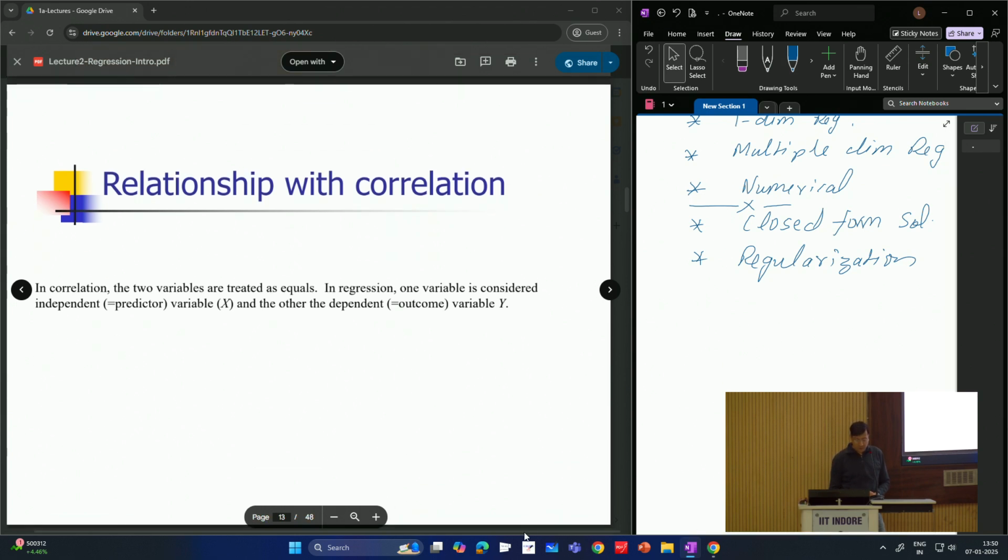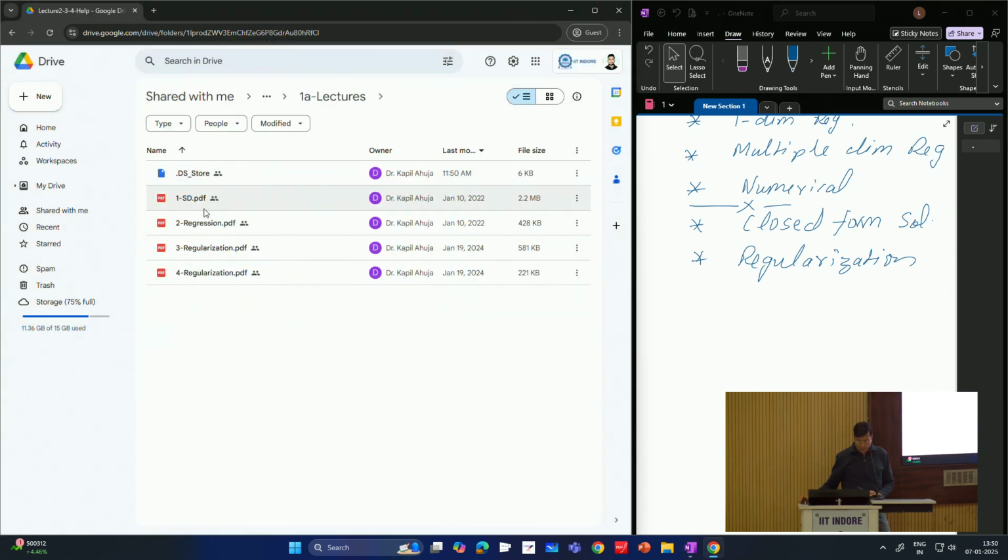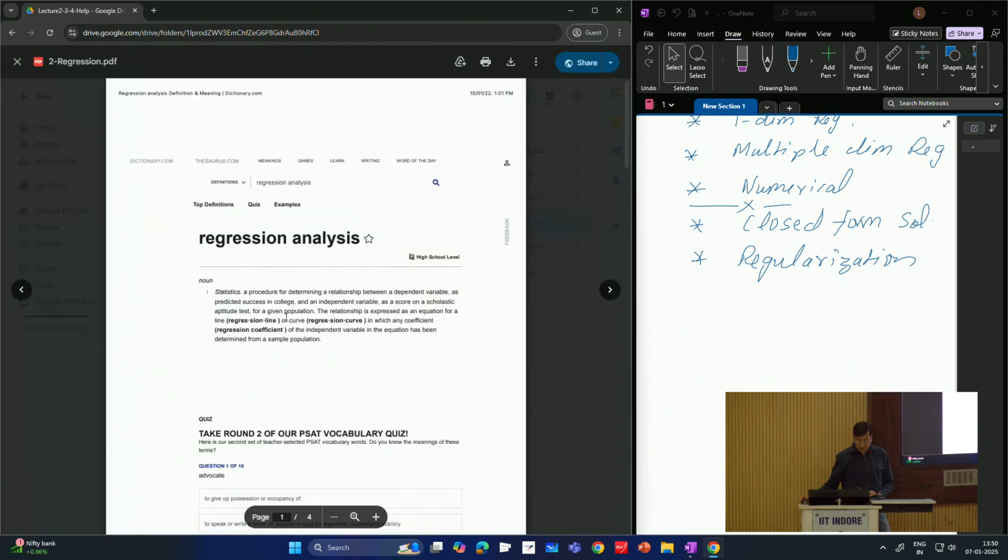So what does it say? In correlation, the two variables are treated as equals. In regression, one variable is considered independent, the other is dependent. I also have the dictionary.com definition of regression for you, so let's just read it.